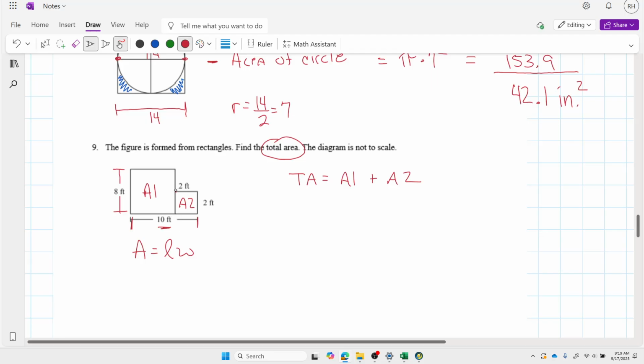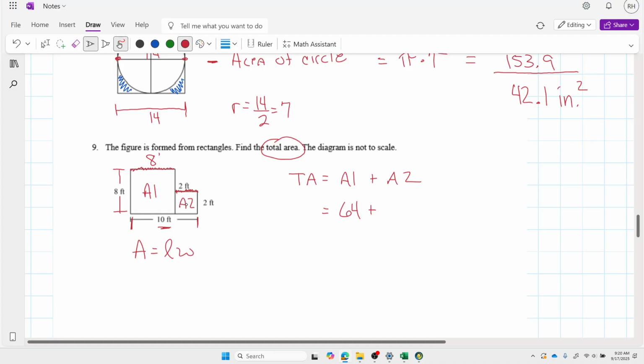But this portion right here is 2 feet. So what would be the size of the top of A1? 8 feet, right? 10 minus 2. So this is 8 feet. So area of 1 is equal to 8 times 8, which is 64.